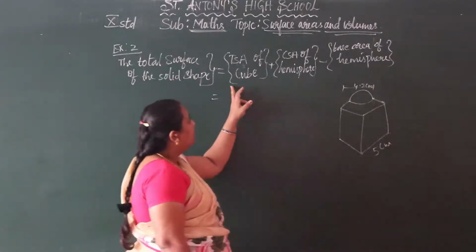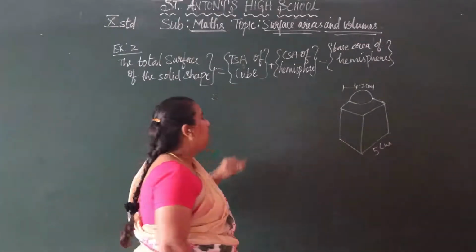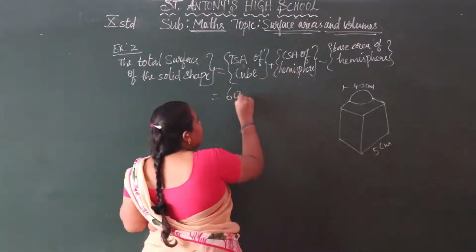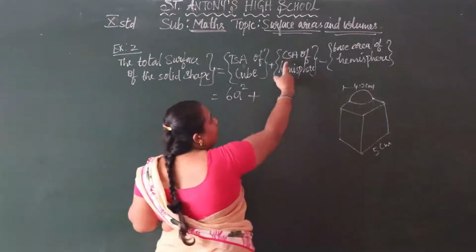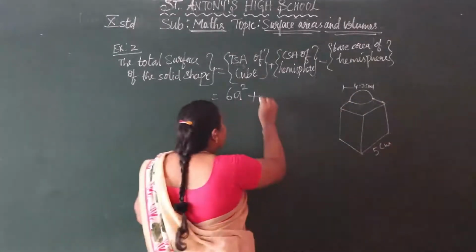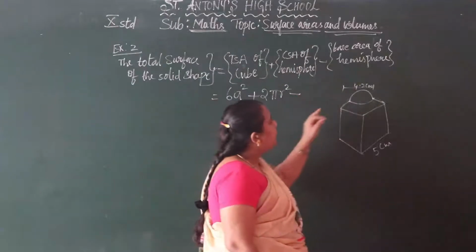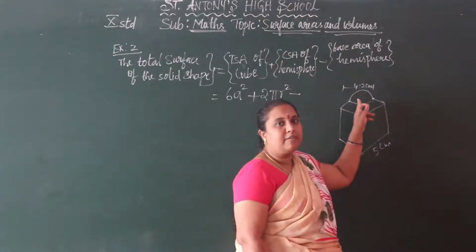See here, TSA of cube formula is 6a square, plus what is the formula for CSA of hemisphere? 2 pi r square. Minus the base area of hemisphere.